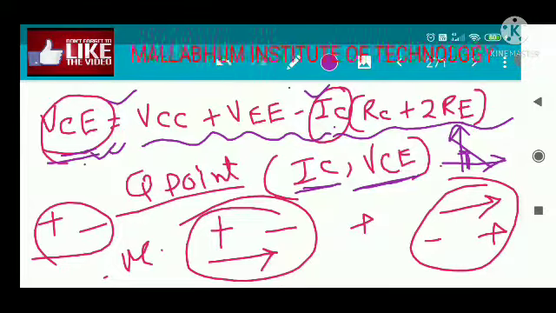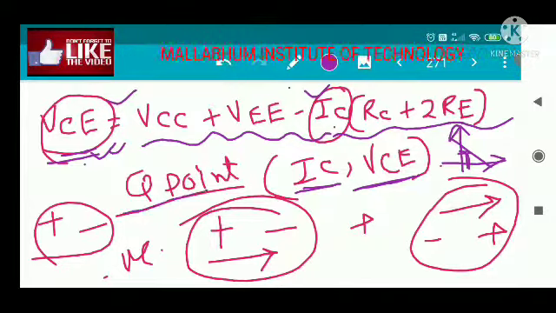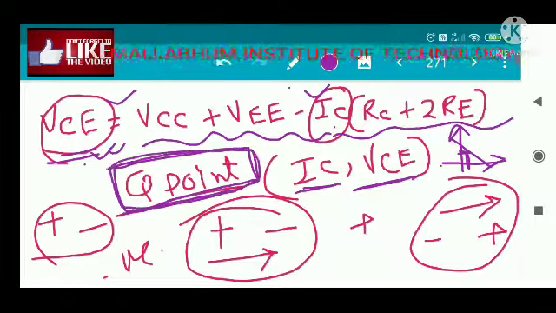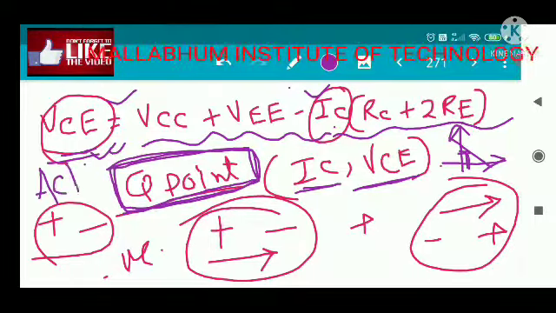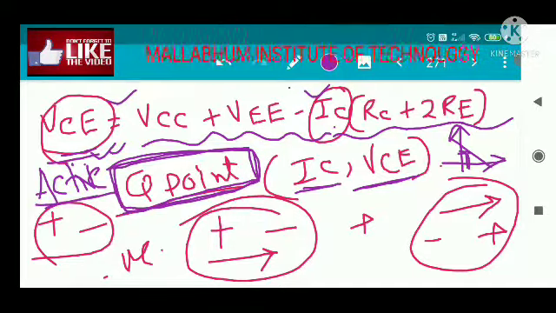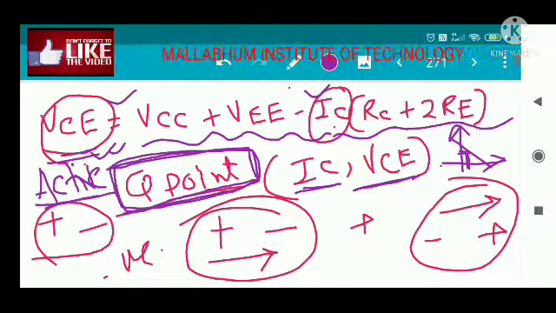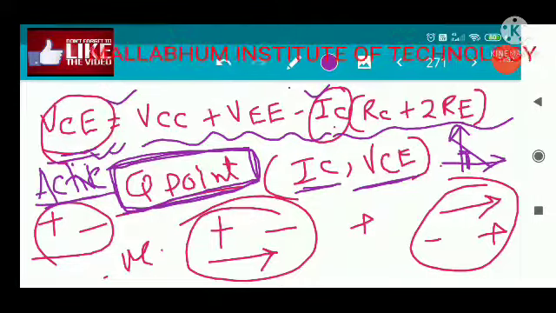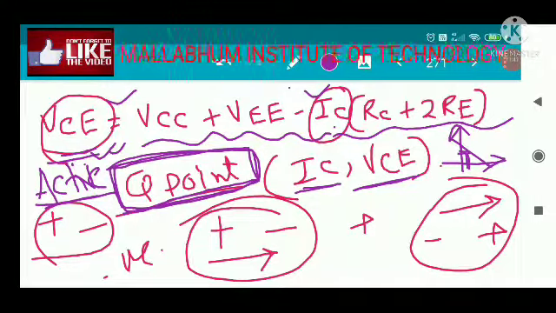So from there we can get an idea where the Q point is actually located, and if you know where it is located, then you can say that the transistor can be properly placed in the active region. And by properly placing the transistor in the active region, we can say that the transistor can act as an amplifier. Okay, so this is all about your DC analysis.